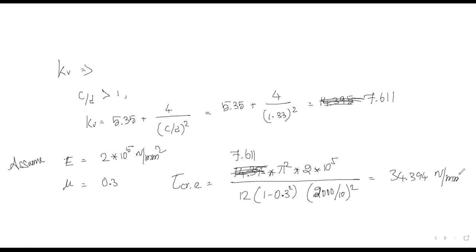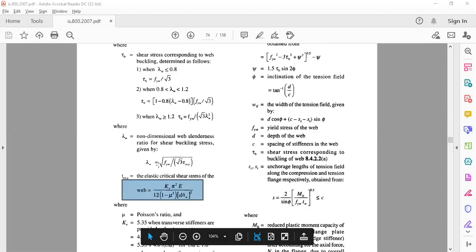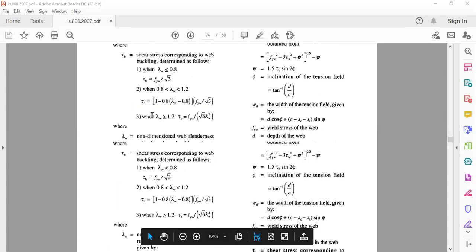Newton per mm square. Once again, I have to check it. I will share the code book. After getting this, I have to go for lambda W, that is the non-dimensional web slenderness ratio. Based on that value, I have to get the shear stress.